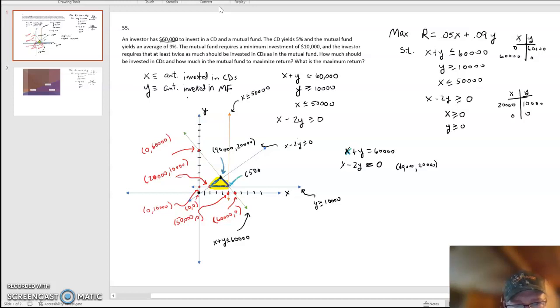Over 50,000, up 10,000. And the final ordered pair is the 20,000, 10,000. You just have to check those 3 points in this return function. So I'll set those up and then we'll look at it. And that's it. The biggest one wins.